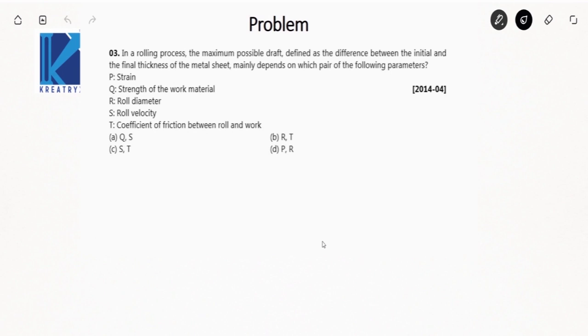In this question they have mentioned a rolling process. In a rolling process, what is the maximum possible draft? They have also defined that it is the difference between the initial and the final thickness of the metal sheet. And they are asking which parameter it depends on.